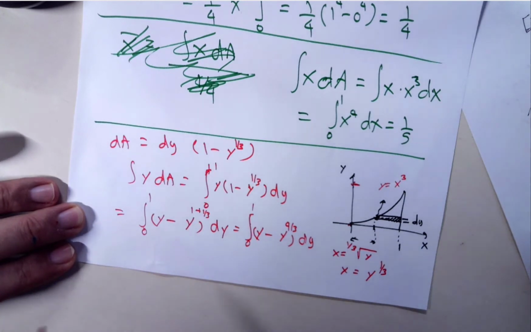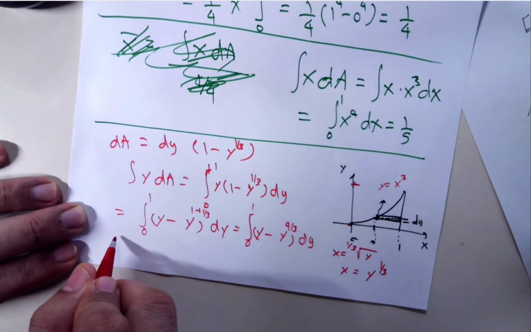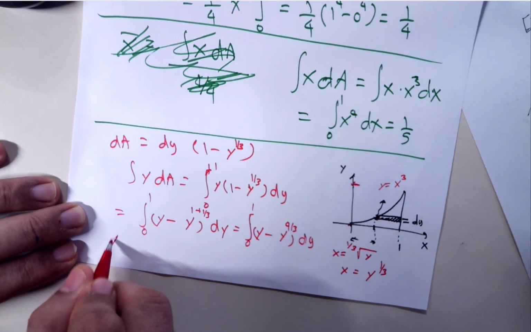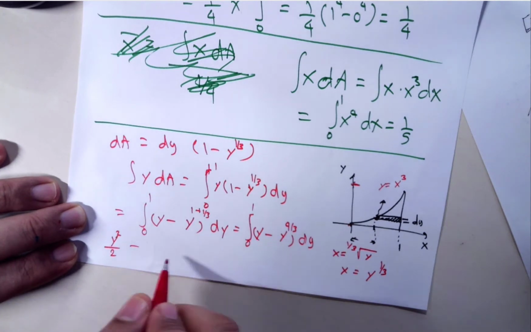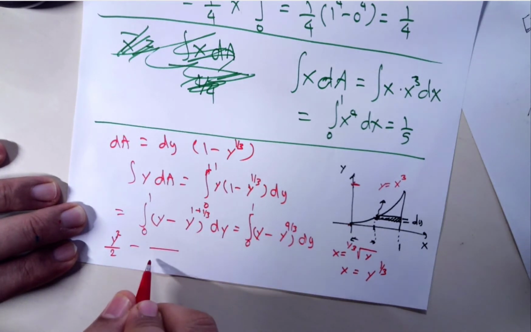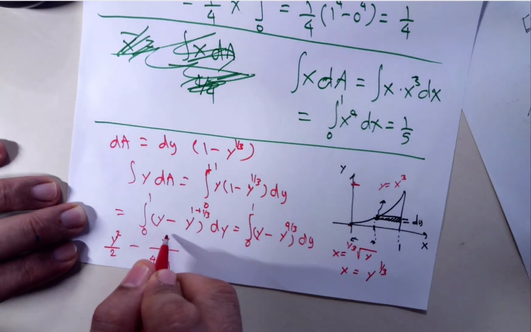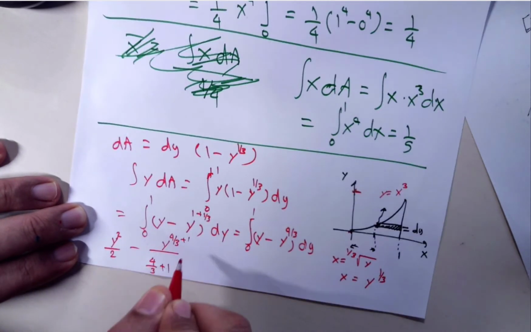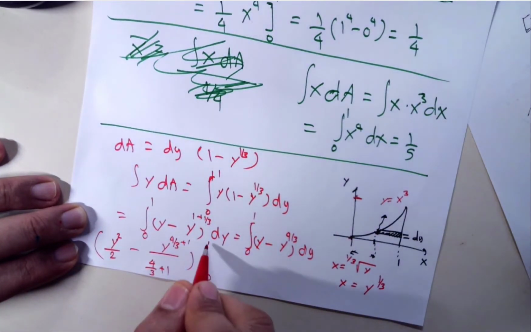Now integration and substitution. I'm going to do this right away, since it's easy. So this is equal to y squared over 2 minus, okay, so this is 4/3 plus 1, y to the 4/3 plus 1, right? And this is from 0 to 1.